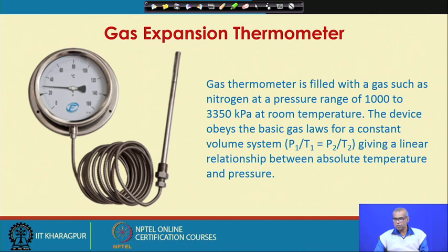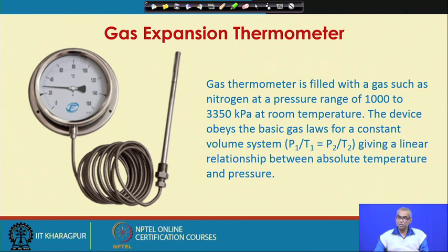So, the gas thermometer is filled with a gas such as nitrogen at a pressure range of 1000 to 3350 kilopascal at room temperature. The device obeys the basic gas laws for a constant volume system, that is P by T is constant at a constant volume, or P1 by T1 equal to P2 by T2, and this gives a linear relationship between absolute temperature and pressure.